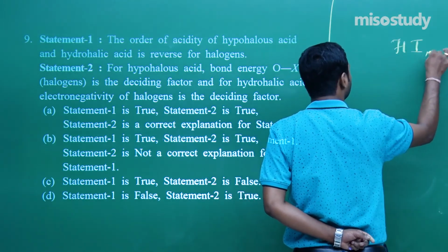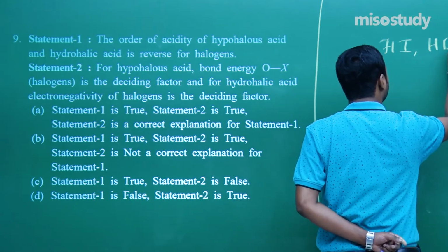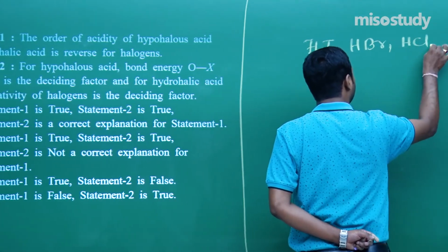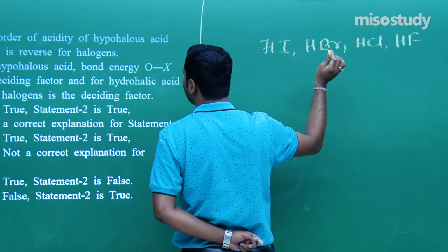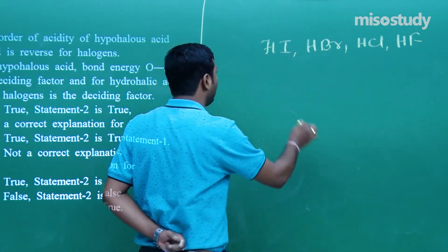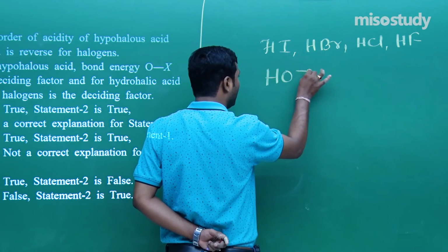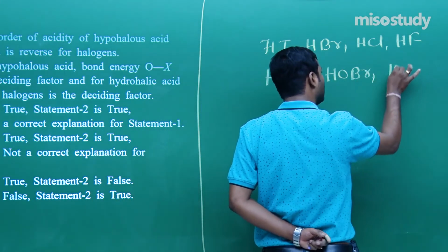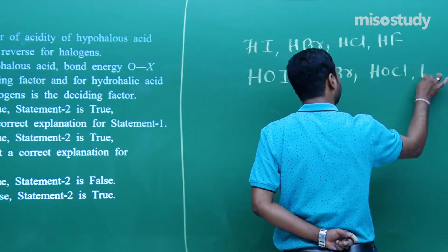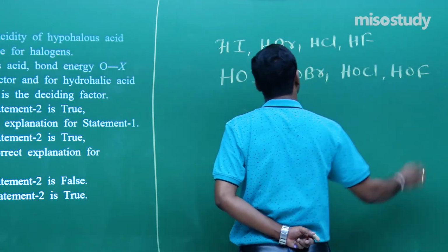Like HI, HBr, HCl, and HF. This is hydrohalic acid. What is hypohalous acid? That is HOI, HOBr, definitely HOCl and HOF. Yes, this is the order.